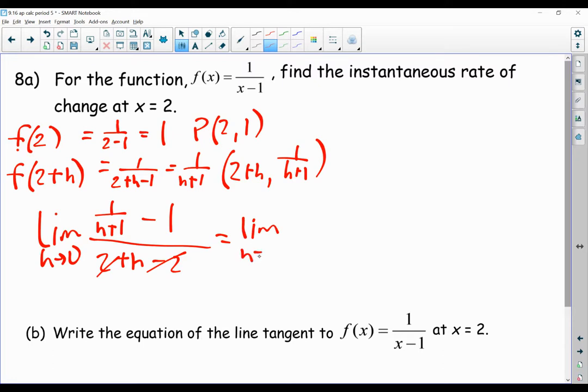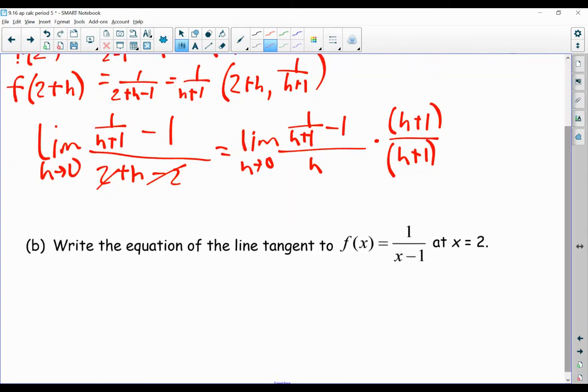There's a couple of different strategies that people use to simplify complex fractions, which is what this is. What I'm going to do is multiply the top and the bottom by h plus 1 because that is the common denominator. You'll see why I do this in a second. So now I have the limit as h goes to 0. And if I distribute this in, 1 over h plus 1 times h plus 1 is just 1.